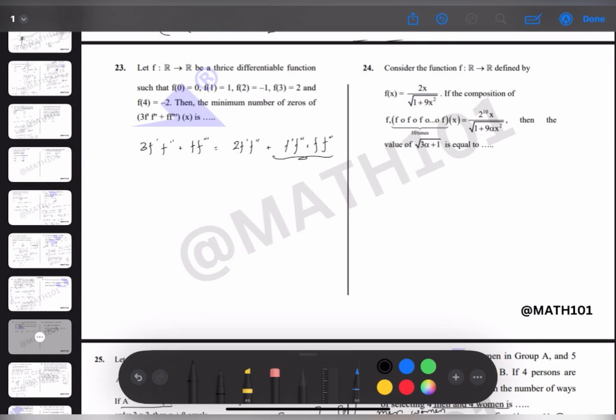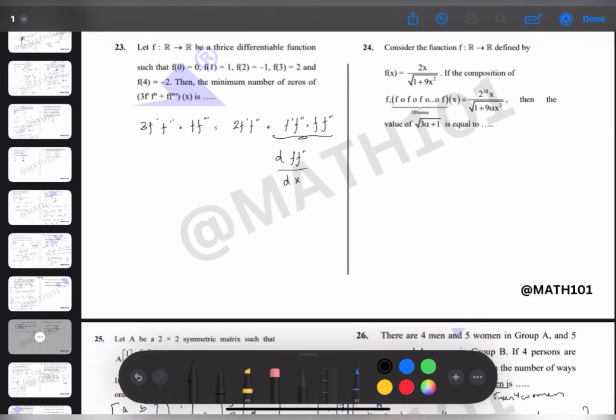This is the derivative of f double prime. Okay, so we have this plus f double prime's derivative.